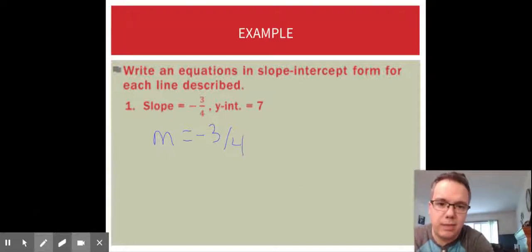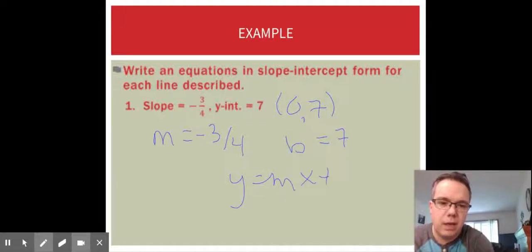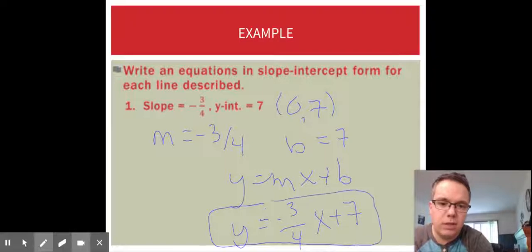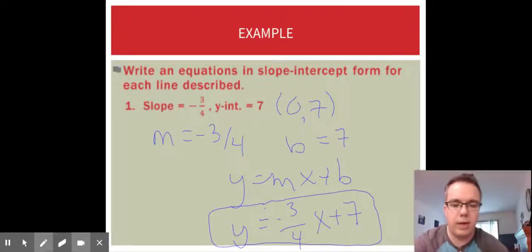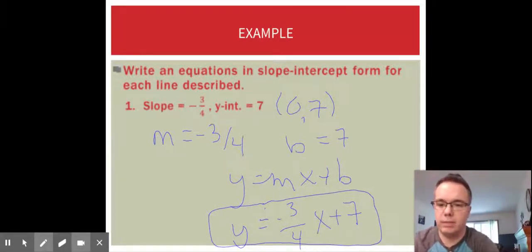And our y-intercept represents the point (0, 7), so they tell us what our b is right away. So into y equals mx plus b, I'm going to plug these things in. I'm going to get y equals -3/4 x plus 7. So that one gives us exactly what we need right away, so we can write our equation.